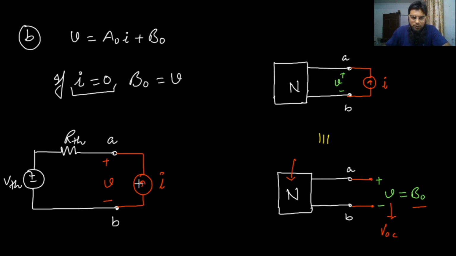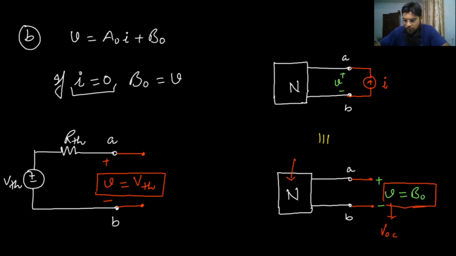Now if we put this current to 0 in this case, meaning we are open circuiting it, just removing it, the voltage that we are getting here will be equal to VTH. So here the open circuit voltage is VTH, and in the other circuit the open circuit voltage is equal to B naught.